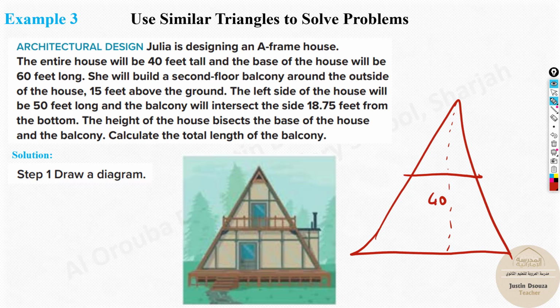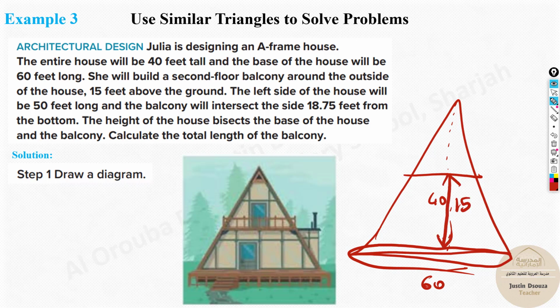Fine. And it is 60 feet long. So this bottom base over here is given as 60 feet. She will build a second floor balcony around the outside of the house, 15 feet above the ground. So this distance over here is 15. The total is 40. This is 15.